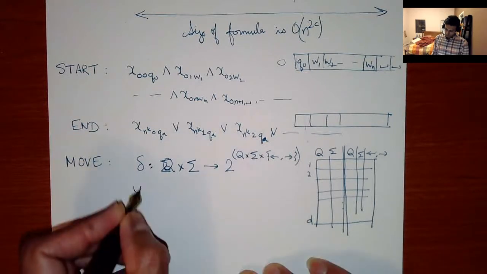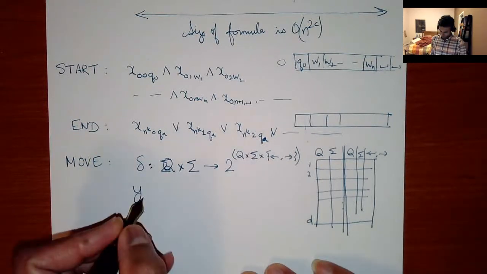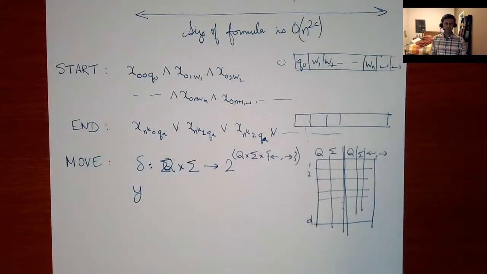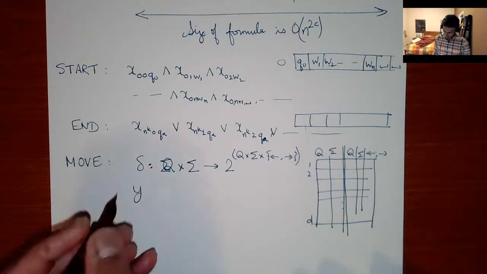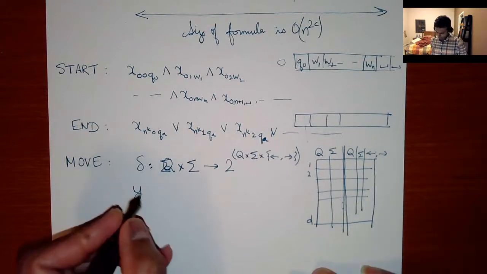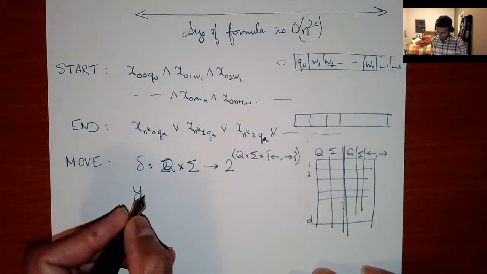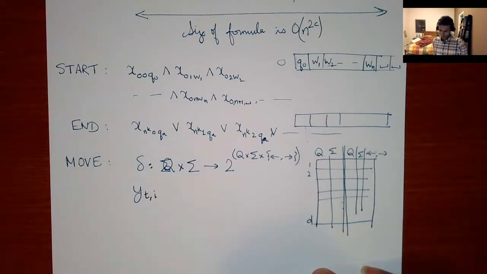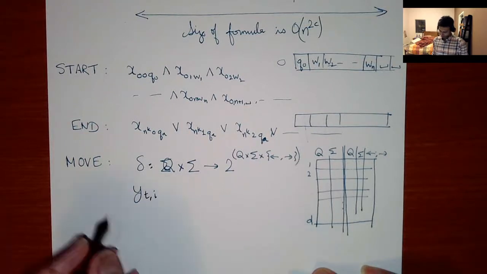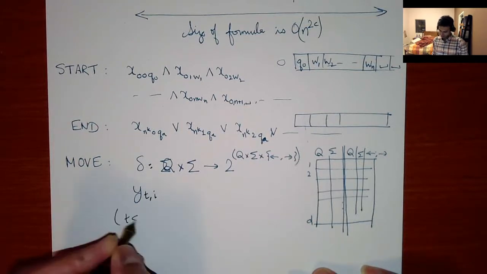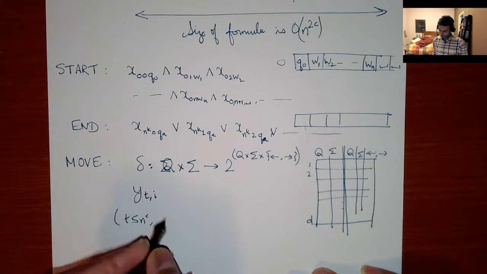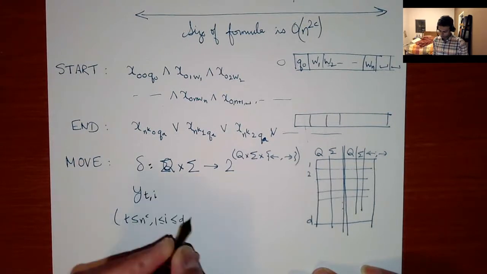And now let me just introduce a variable. And again, this is just for convenience. This is just to show you what is going to happen. So I could say y t of i, where t is less than n to the c, that's the time, and i is going to be something from 1 to d.